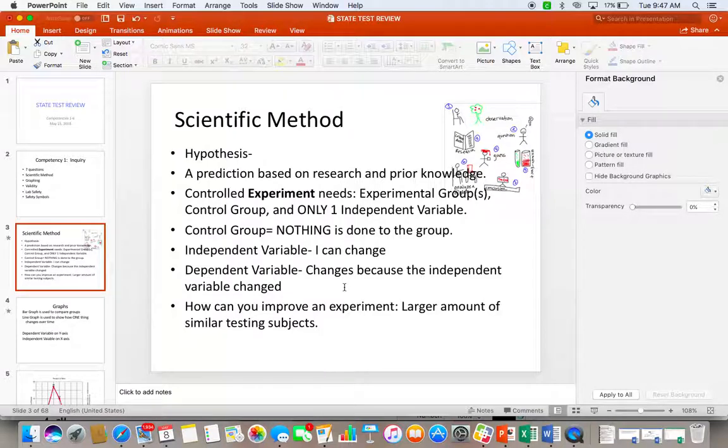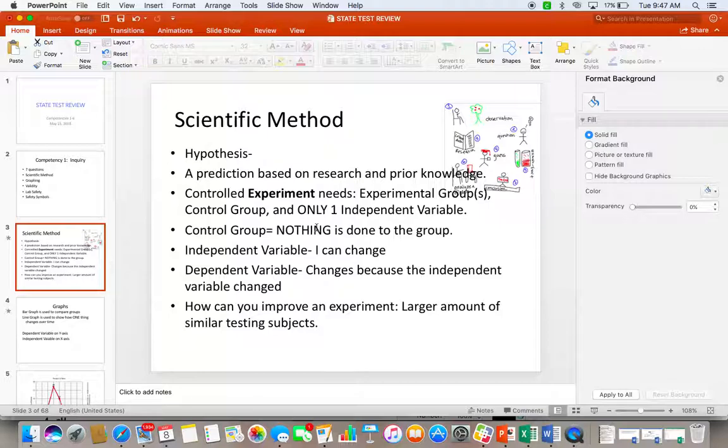So good experiments, remember, have an experimental group and they have a control group, and they only have one independent variable. In that control group, you do nothing to it, okay? So at the beginning of the year, we did a fertilizer experiment on our plants, and your group planted either bean or corn seeds.